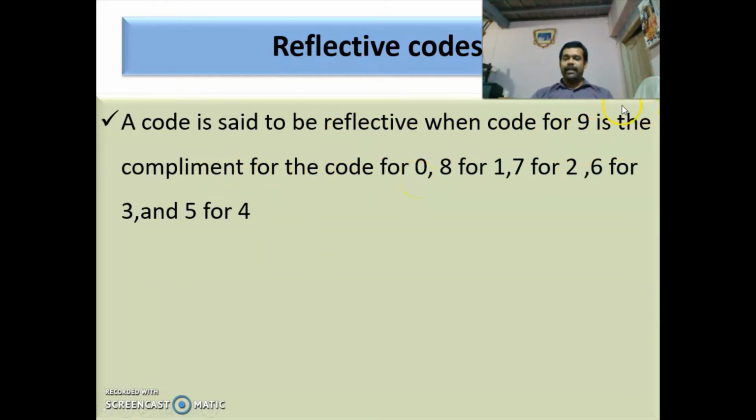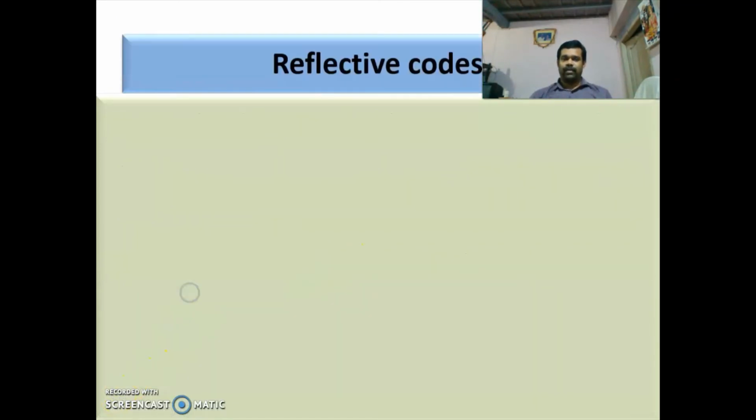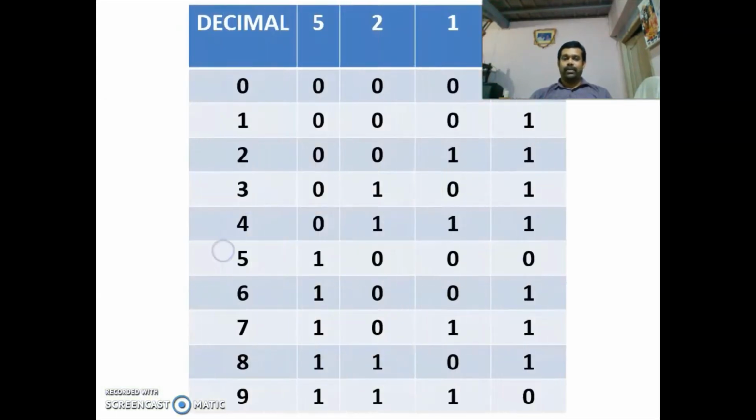So the code for 9 will be the complement of the code for 0, the code for 8 will be the complement of 1, the code for 7 will be the complement of 2, the code for 6 will be the complement of 3, and the code for 5 will be the complement of 4. 2421, 5211 and XS3 are reflective codes. But 8421 is not a reflective code.